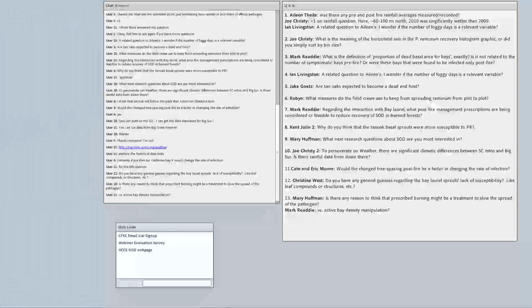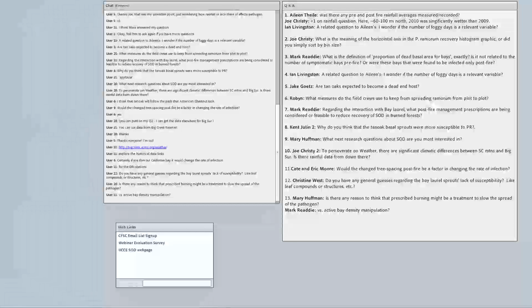I can't really speak to the efficacy of that compared to prescribed burning. I don't know if anyone can speak to that, but it's certainly getting to the same issue: if you can take out these bays that are the supersporulators and really keep their levels low in an area and very open, then you could potentially diminish pathogen risk, disease risk in that area.